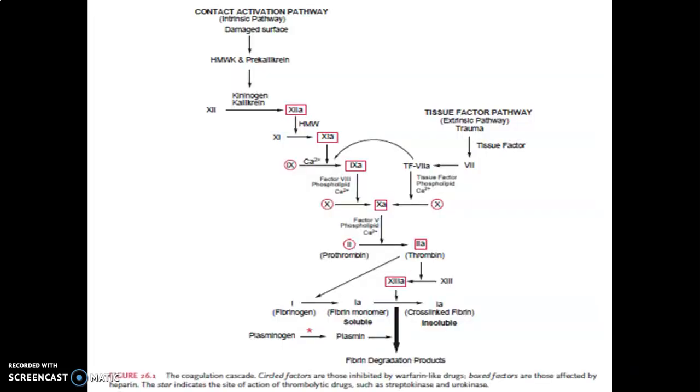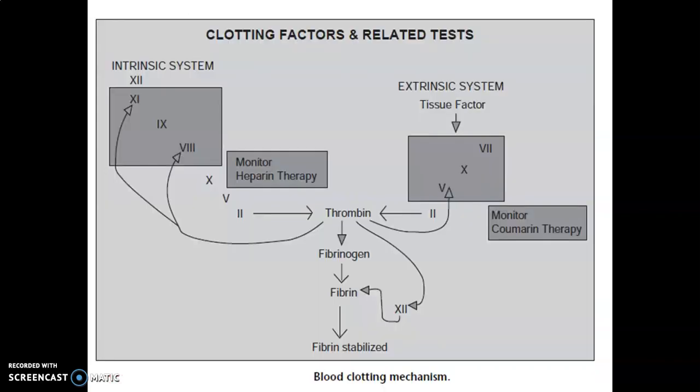Now we are going to see a very important cascade, which we can call the coagulation cascade. Here it is represented in a simple manner. We have seen what the intrinsic and extrinsic pathways are. Both of them eventually lead to formation of prothrombin activator, which is actually activated factor 10.